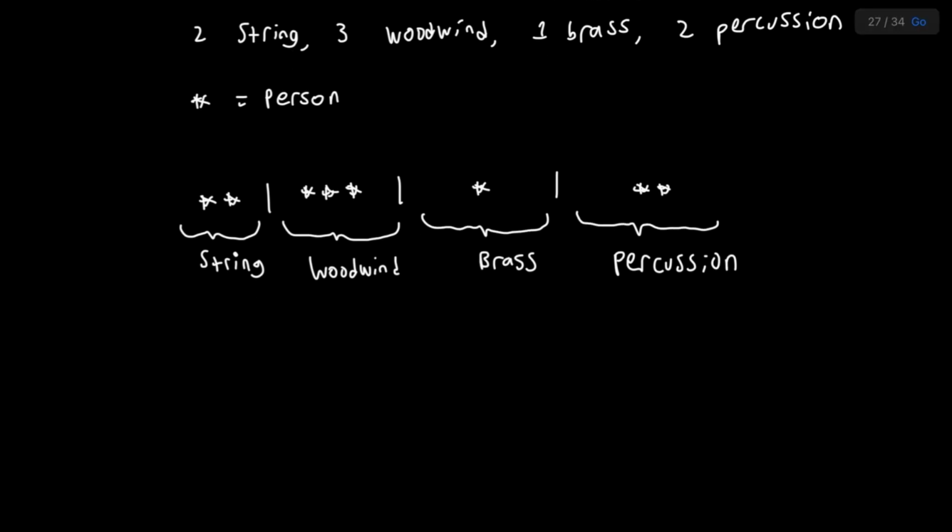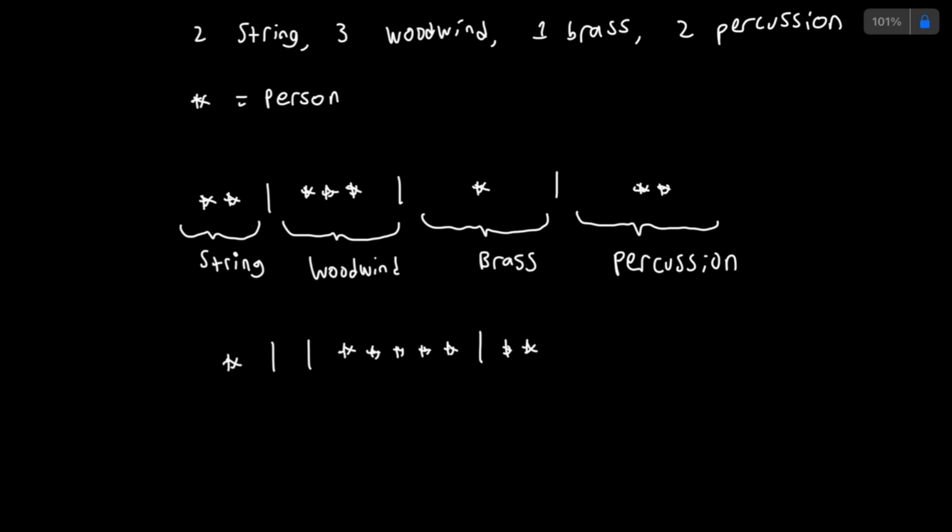But then this is essentially how we can make any such orchestra, right? So we can also do, for example, 1 string, nothing in woodwind, 5 brass, let's say, right? And then 2 percussion, right? So this is another perfectly valid thing we can do.